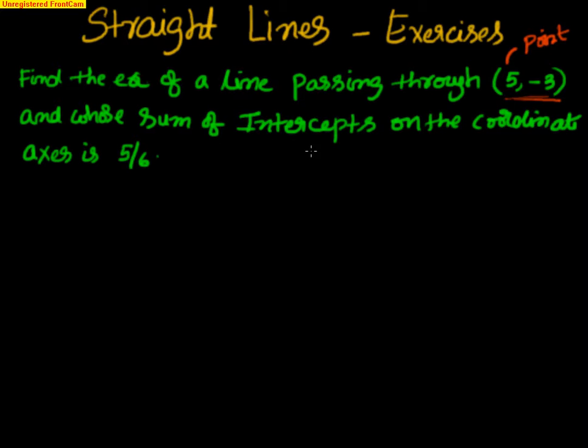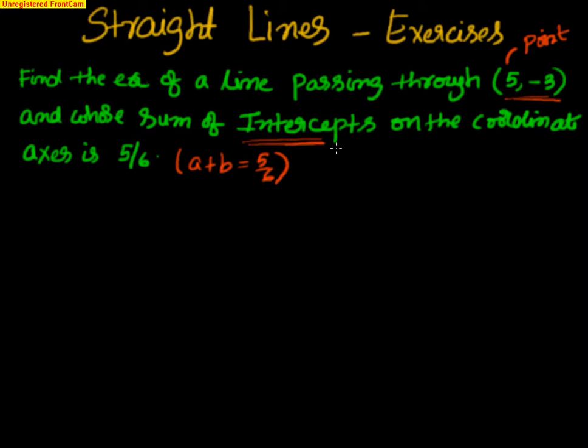And whose sum of intercepts, right? This is interesting. It says intercepts. So immediately it strikes me that let me go ahead with the two-intercept form, because it's saying the sum of intercepts on the coordinate axis is 5 by 6. This is nothing but a plus b is equal to 5 by 6.